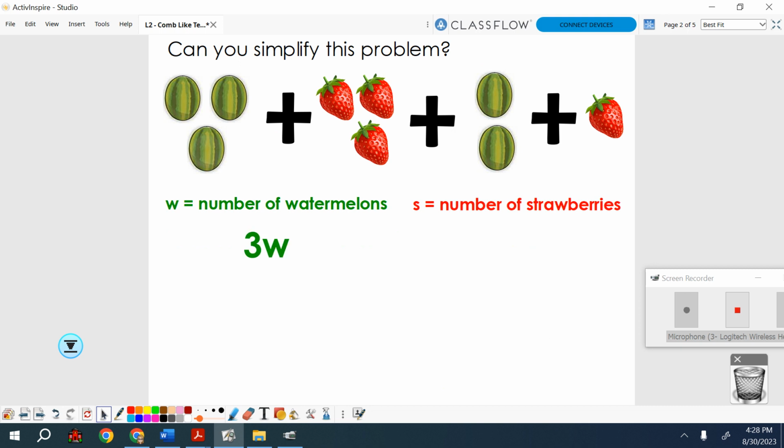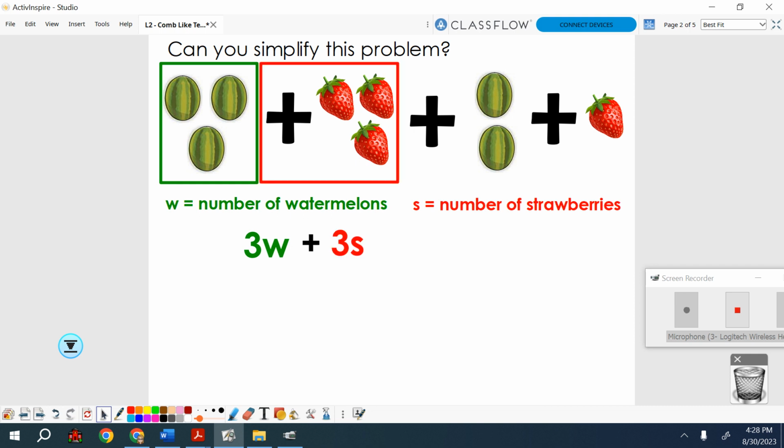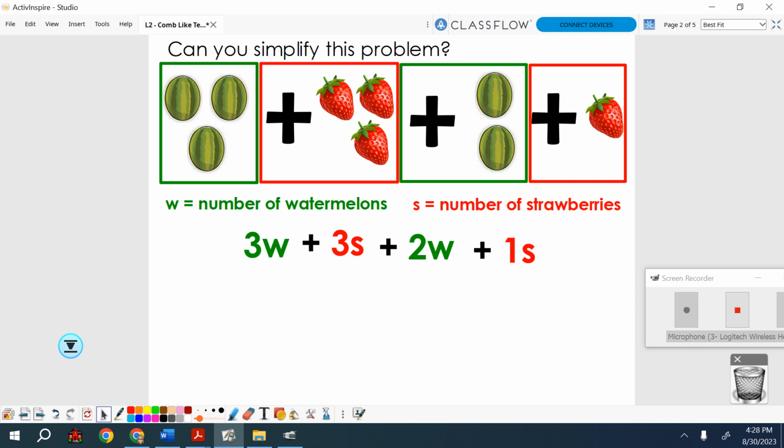So when I look at this right here, I see 3 watermelons, and I have 3 strawberries, and I have 2 watermelons right here, and finally, I have 1 more strawberry on the end.